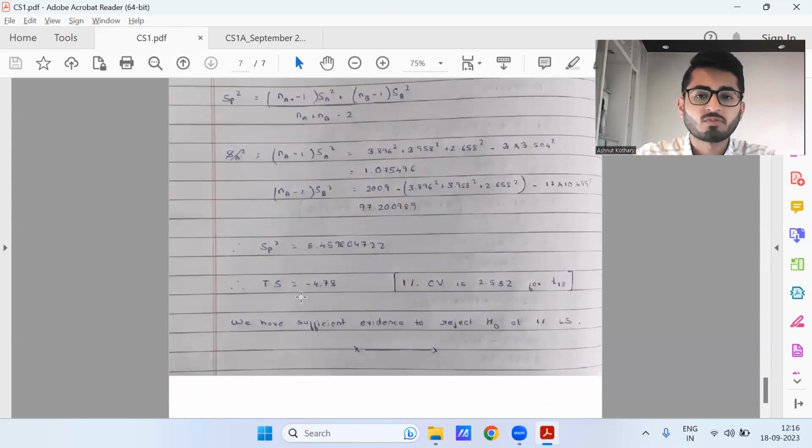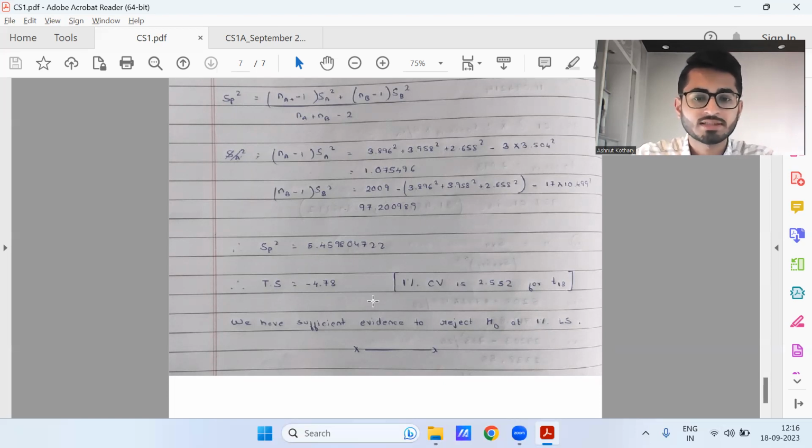The test statistic is minus 4.78, which is extremely negative. Here the 1% critical value should be minus 2.552, since the way we have performed the test, it's like a two-sided test. Anyway, it does not matter. Since this is the lower value, this should be minus 2.552. Again, that is more for the one-sided part.